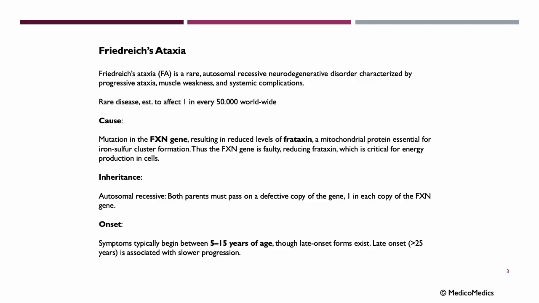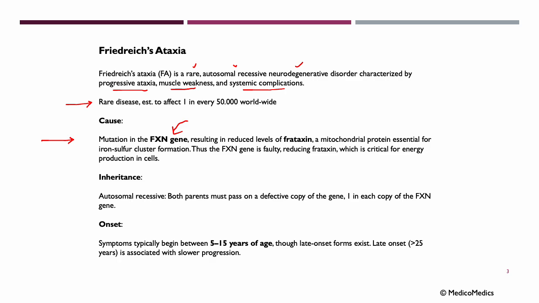Now, Friedreich's Ataxia, FA, is a rare autosomal recessive neurodegenerative disorder characterized by progressive ataxia, muscle weakness, and systemic complications. It is classified as a rare disease, estimated to affect 1 in every 50,000 worldwide. Now, the cause is a mutation in the FXN gene.